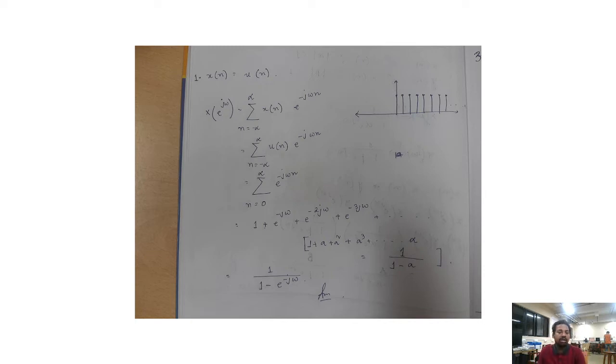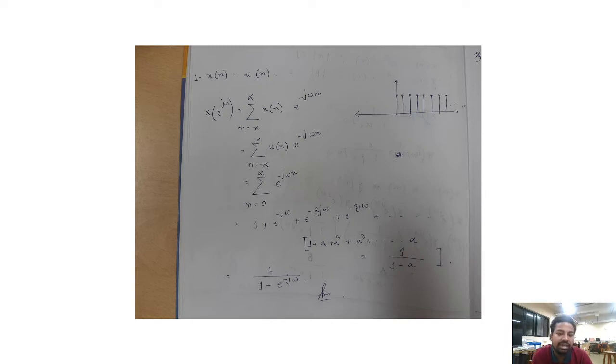So what we do, we write the original formula, the Fourier transform that we described previously, where X of e to the power of j omega is equal to summation of n equal to minus infinity to infinity x of n into e to the power of minus j omega n, and replace x of n with u of n.